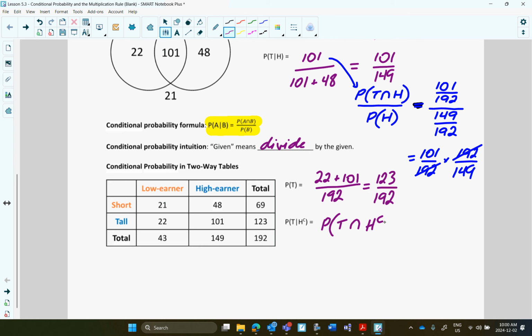It means not high income, which means it's low income, divided by the probability of getting low income. 22 over 43. Right. So tall and low earner, 22 of them, over low earners total, 43.